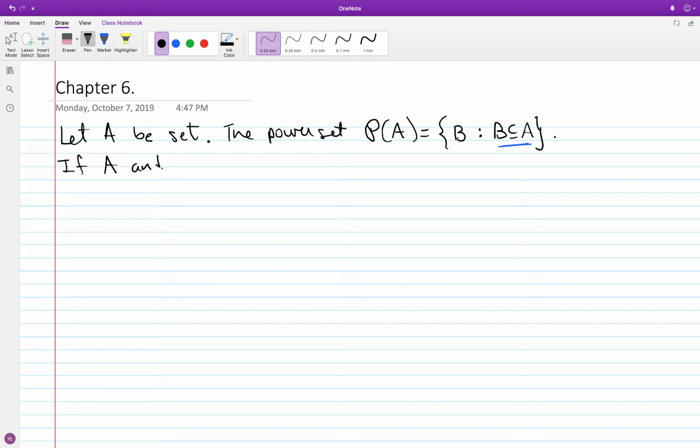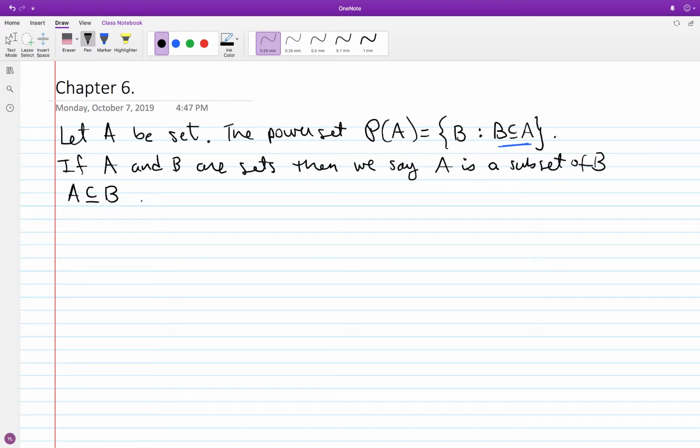So if A and B are sets, then what is meant by these symbols, A is a subset of B? Well, I probably should write it in words. Then we say A is a subset of B, denoted this way, if all of the elements of A are also elements of B. So I'm going to be very symbolic about this.